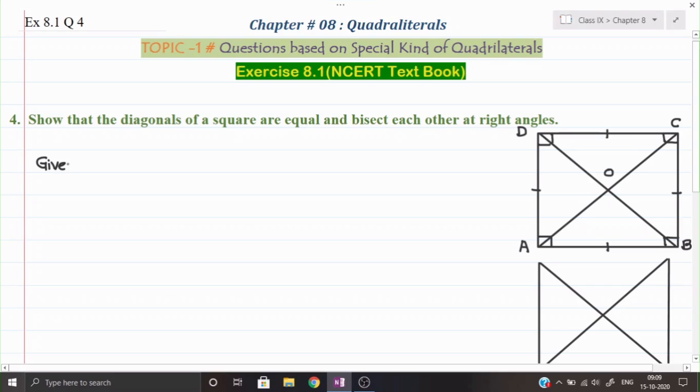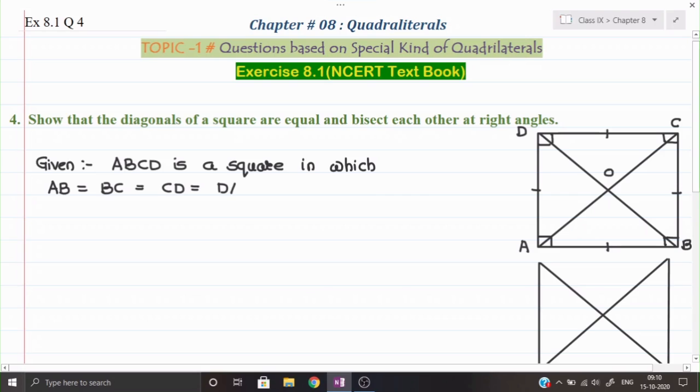In the given, first we shall mention ABCD is a square in which AB is equal to BC is equal to CD is equal to DA.